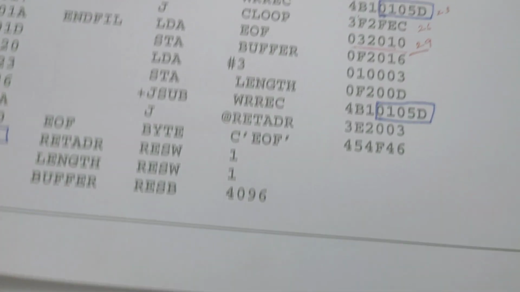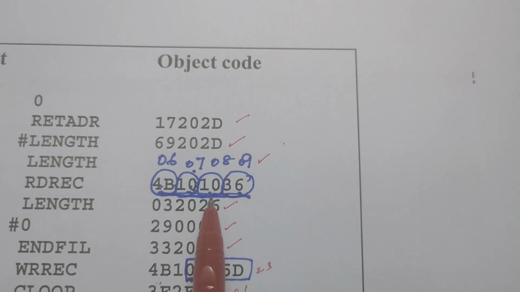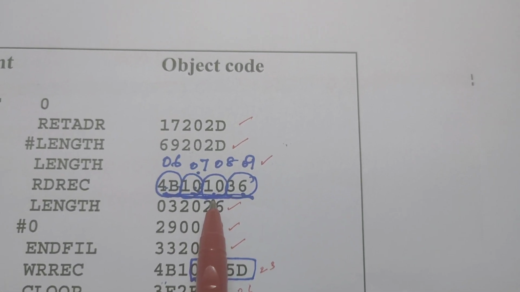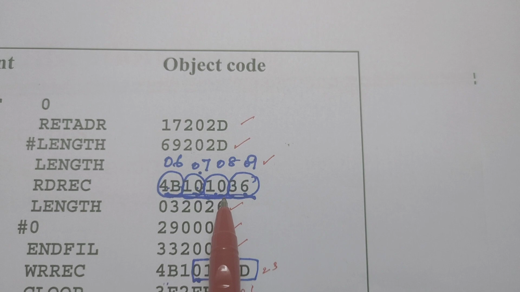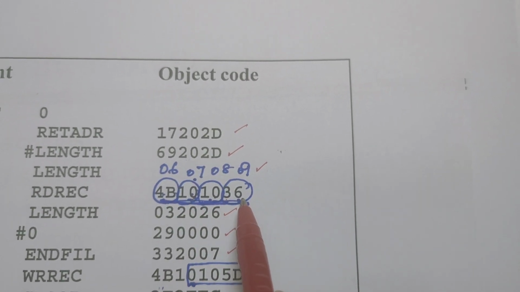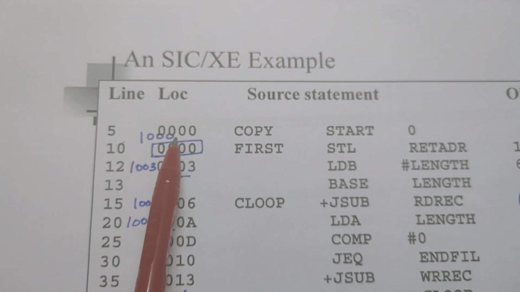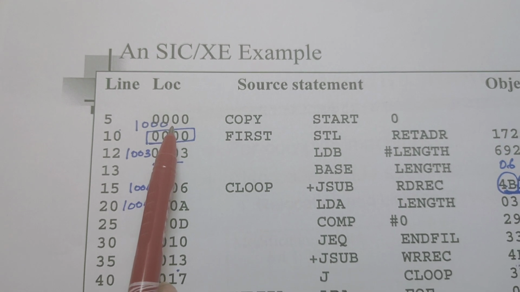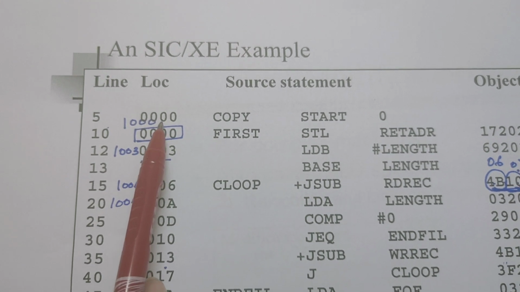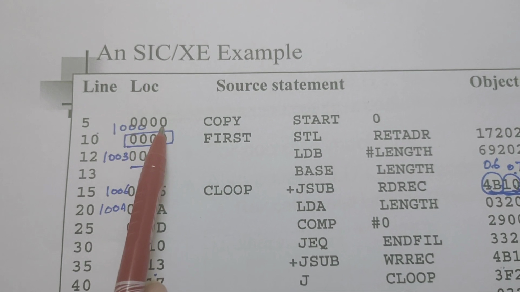For example, let us consider this object code. We know that this object code is for a format 4 instruction. When the relocation happens, the address 01036 is to be modified. For example, currently the starting address of the program is 0000. Suppose the relocation address becomes 5000.